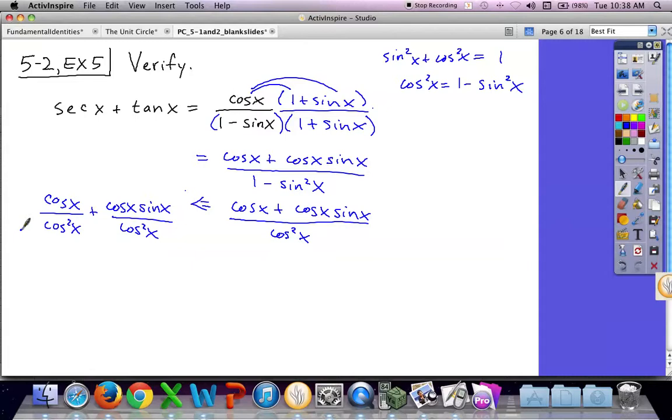And now you've got cancellation. This cosine x over cosine squared x, the cosine cancels with one of those, so that's 1 over cosine x. And here, one of the cosines cancels with one of those, and what's left is sine over cosine.